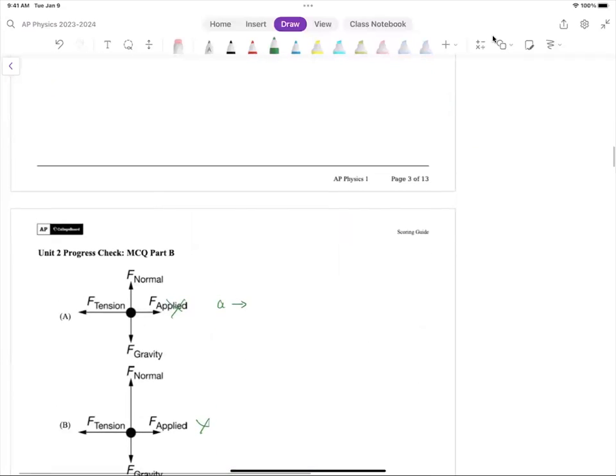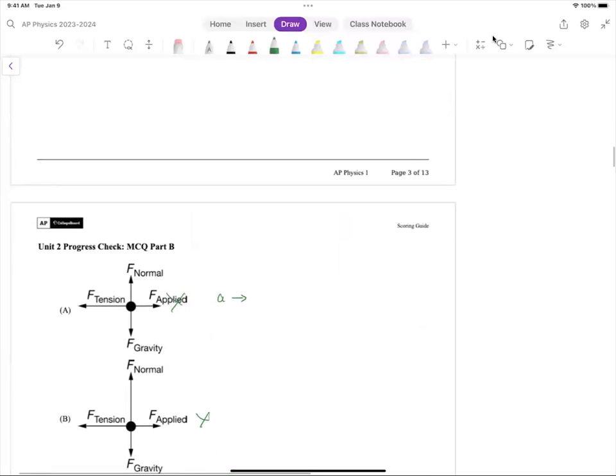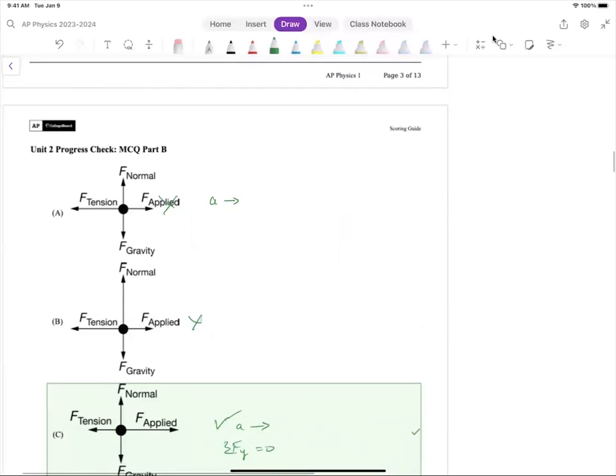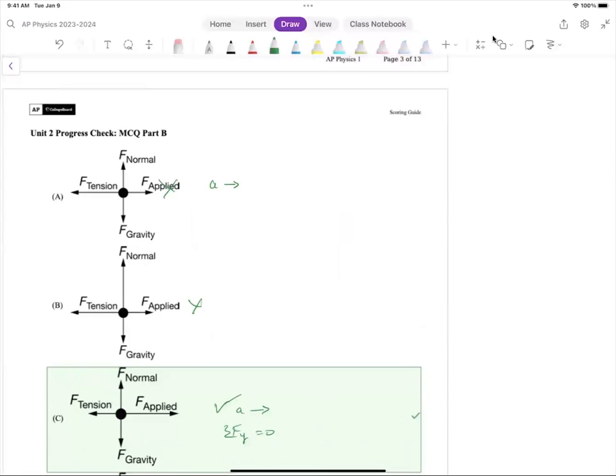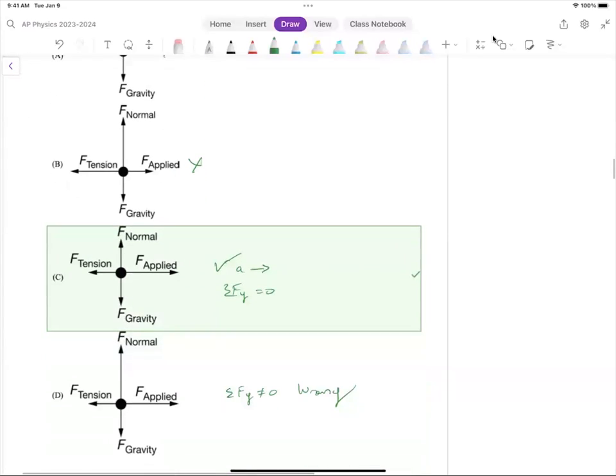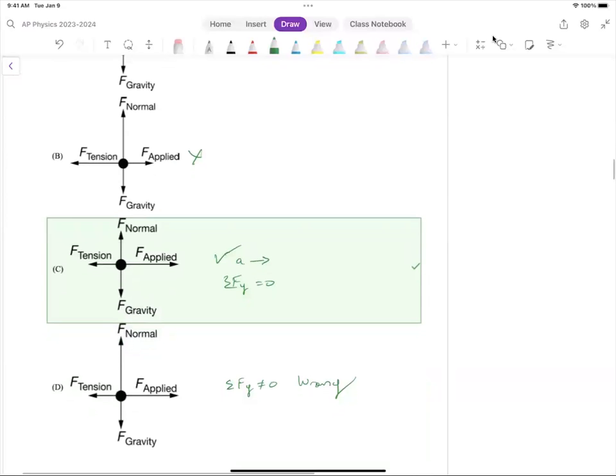Oh, look at that. So A cannot be right because the applied force is smaller than the tension force, and we know it's accelerating to the right. So that doesn't work. B, again, it shows 2 problems. Applied is smaller than tension, and force of gravity is smaller than force normal. C, force normal and force of gravity cancel each other out, and the applied force is larger than the tension force, which is good because acceleration is to the right.